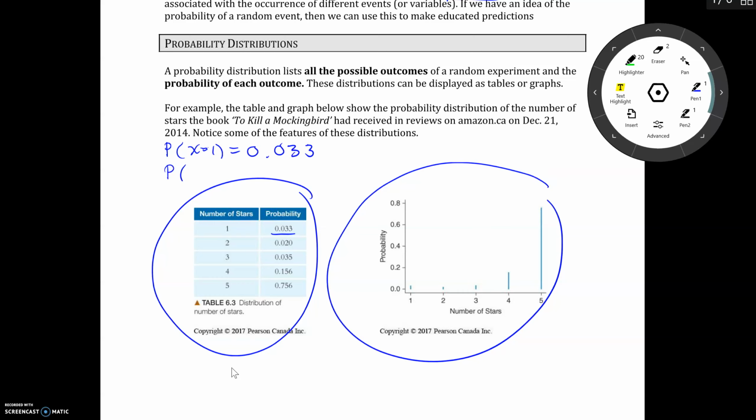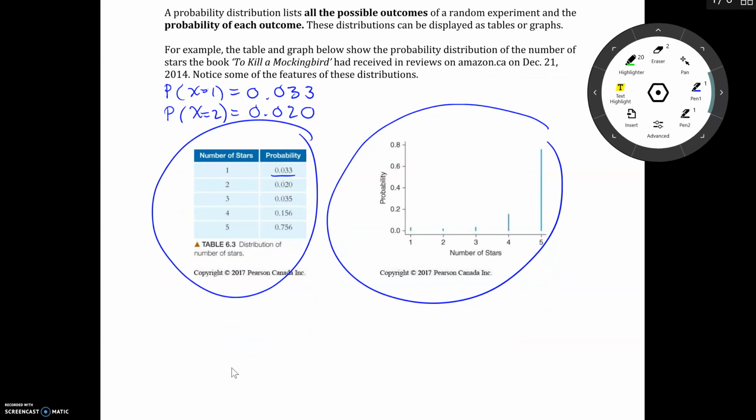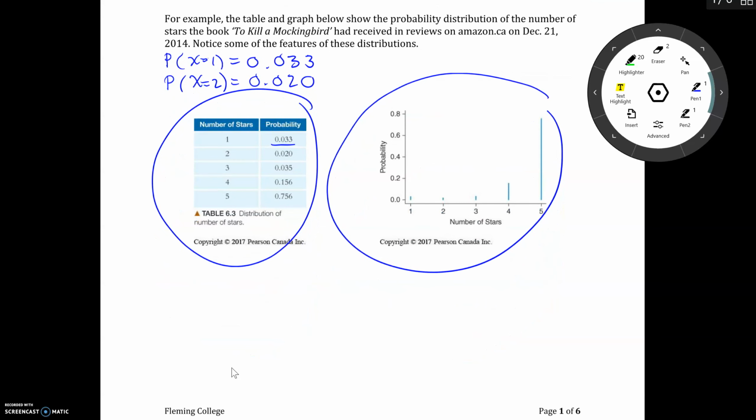The probability that a value of 2 occurs, we would write as P(x = 2), is equal to 0.020.